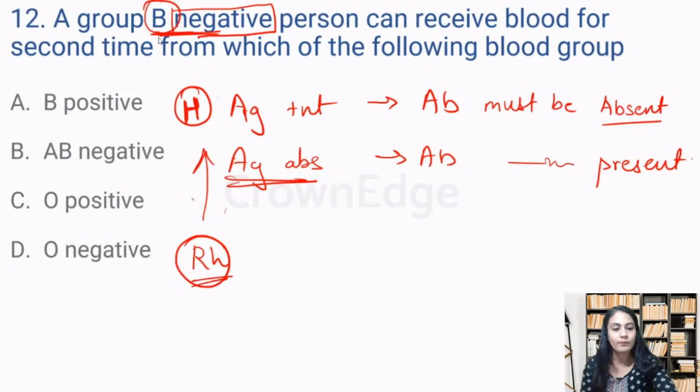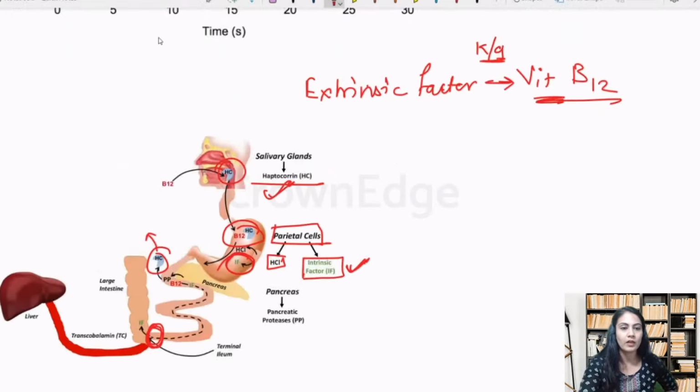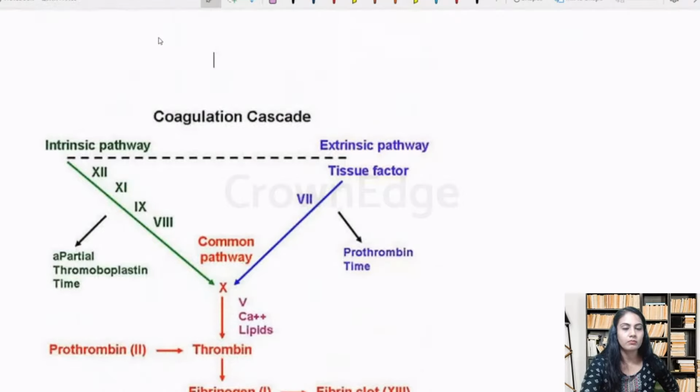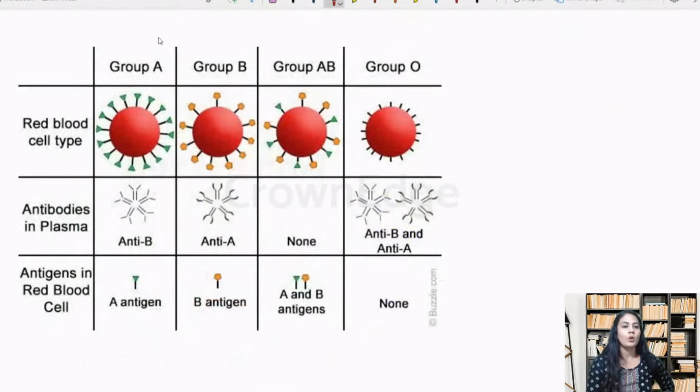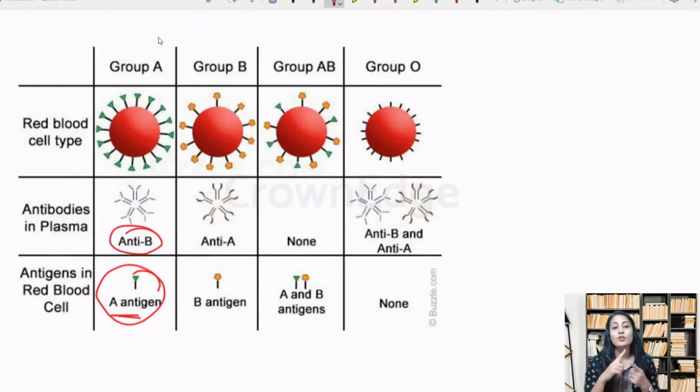Okay, look over here: the antigen is present, the antibody must be absent. So the A antigen is present, the anti-A antibody is absent, but the anti-B antibody is present because there is no B antigen. Vice versa happens over here. Over here the B antigen is present, so that's why they call it group B, right? But the anti-A antibody is present. Why? Because antigen A is absent.